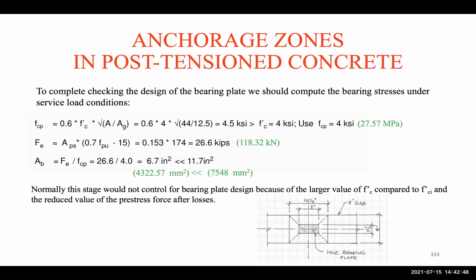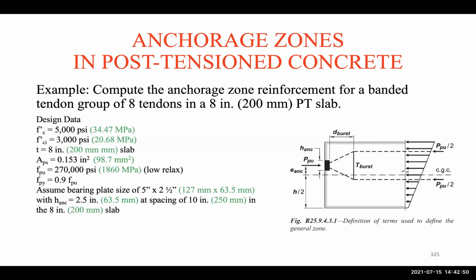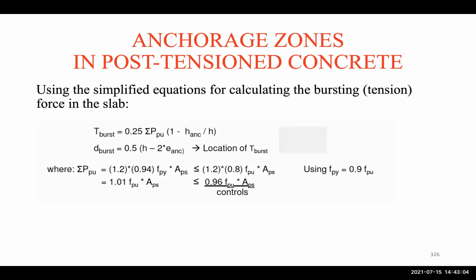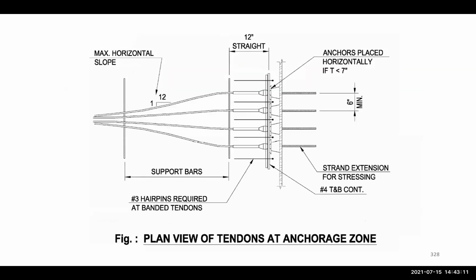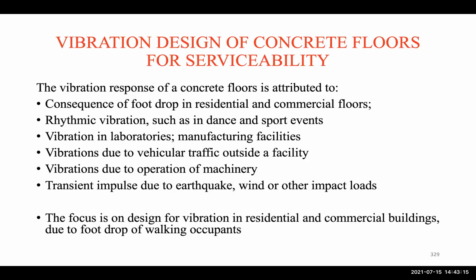Everything is explained with numbers. And then we have also the anchorage design for the general zone that we talked about. Here we have an example, also with numbers and step by step. Everything is given. Then we just need to calculate the forces and then select the appropriate reinforcement for that. Okay, so that's for the anchorage design.